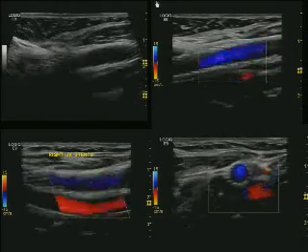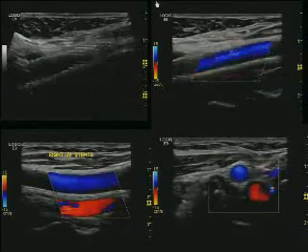So, this is a female, 35 years old, who had the luck to have her problem treated by Dr. Sclafani.